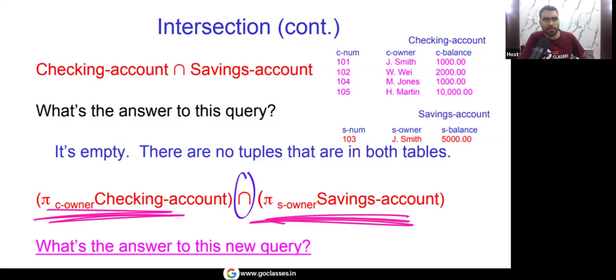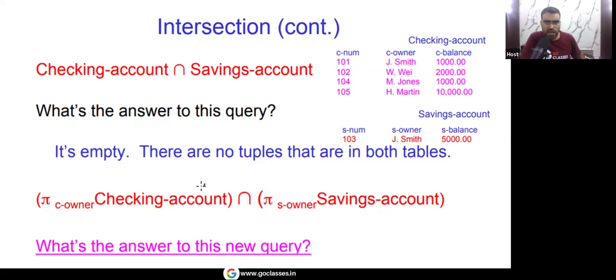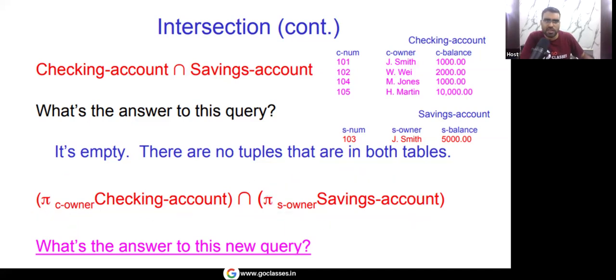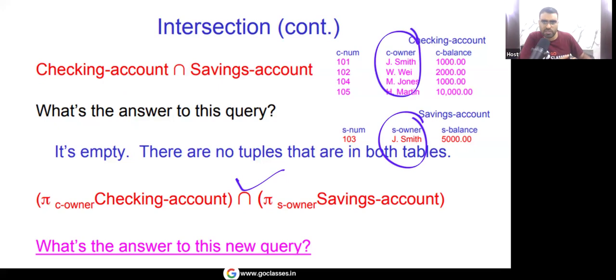Yes, they will be compatible because here I will have C owner, here I will have S owner. They will be compatible because they have same domain. Now you tell me, what will be the result? This is C owner, this is S owner. I am doing their intersection. So take the common tuples. So one tuple will be in the output, that is J Smith.